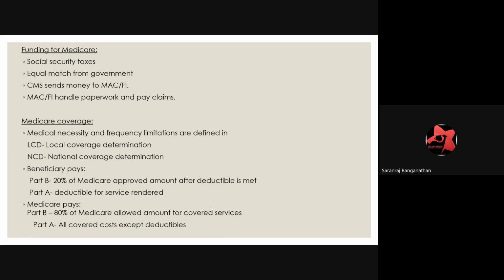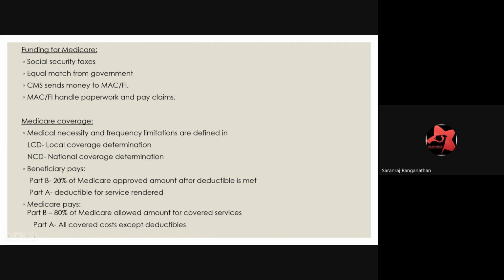And this LCD and NCD means for the service they are providing, they have to check the abnormality. If the service and abnormality are not related, it will be denied. So based on the national coverage determination and local coverage determination, for the particular service we provide, a particular abnormality should be there. Like that they will decide.